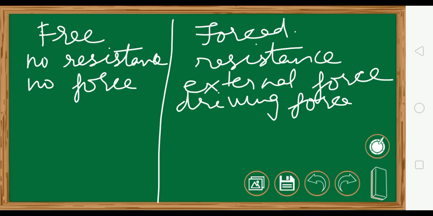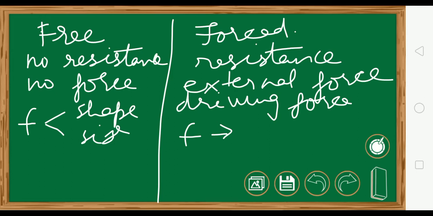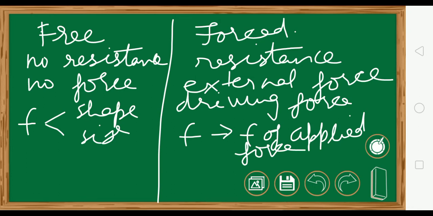Next, in free vibrations the frequency depends upon the shape and size. But here the frequency depends upon the frequency of the applied force, that is, whatever is giving the driving force. Then in free vibrations the frequency is always constant.